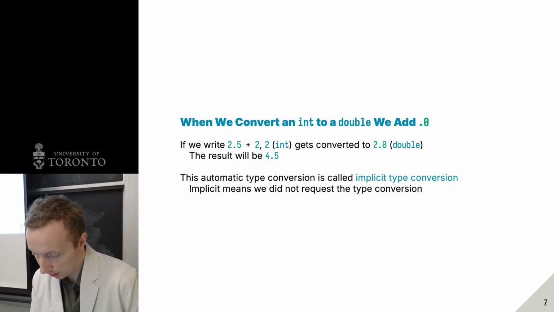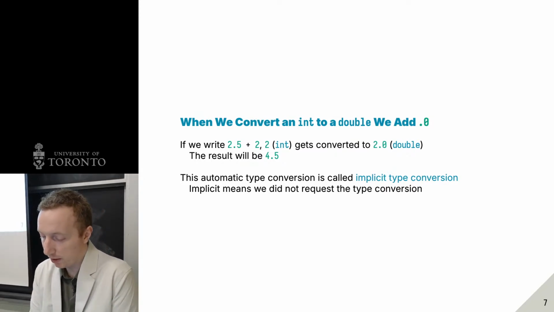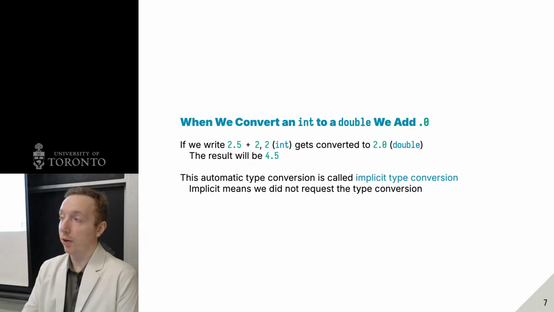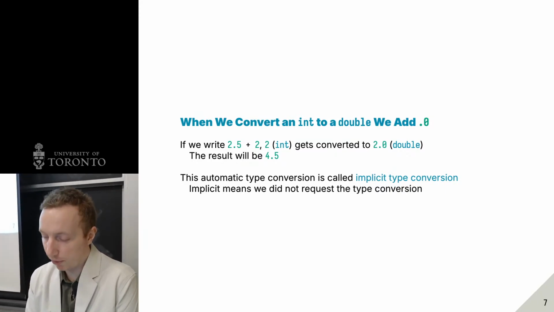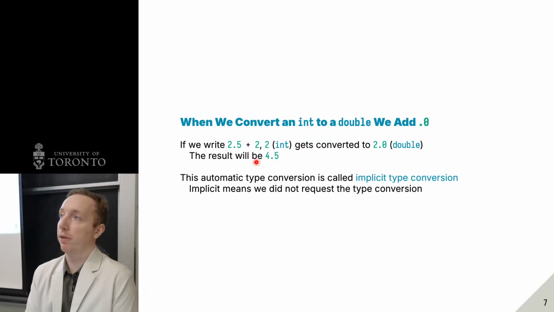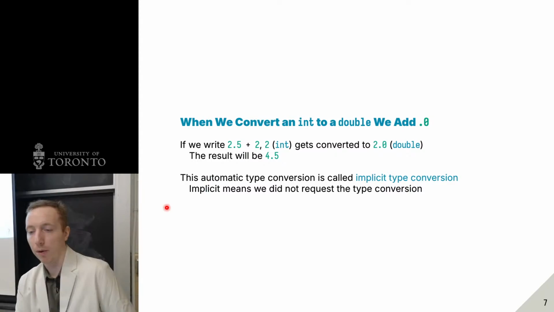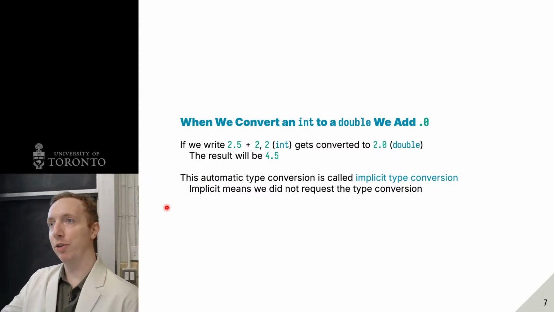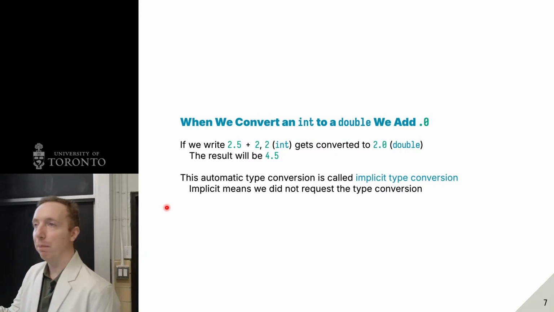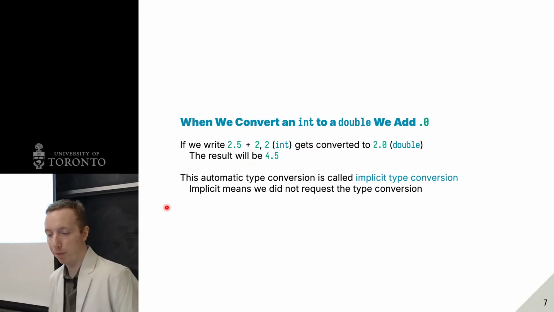So the result of adding these two things, a double plus an int, is that the int gets converted to a double because at least one of the arguments is a double. So my result is going to be 4.5. This automatic type conversion is called implicit type conversion, so changing an int to a double. Implicit means I didn't request it. It means C did it for me.